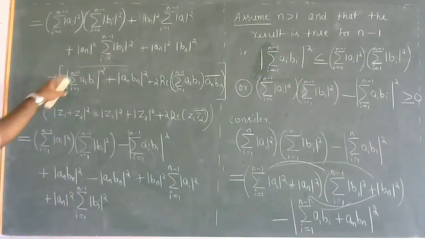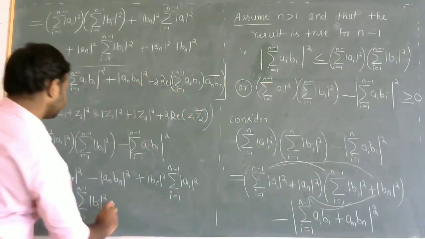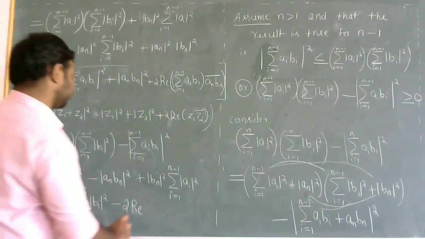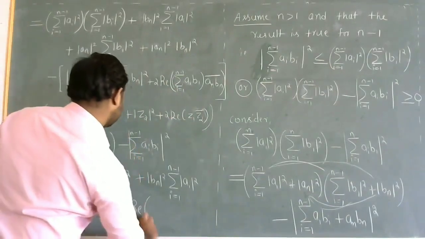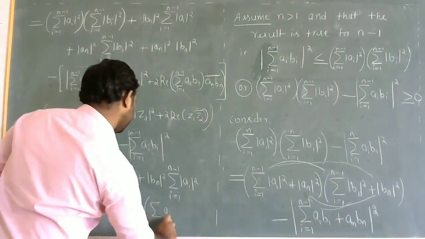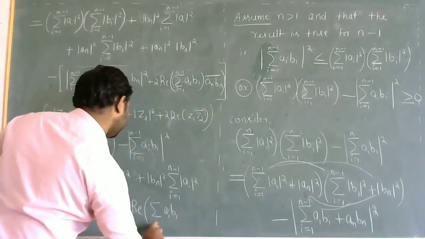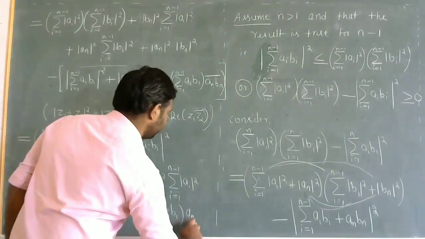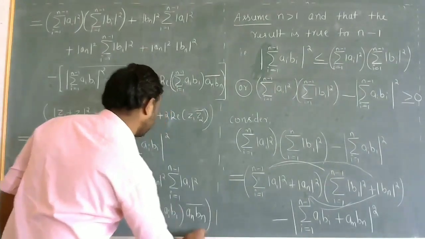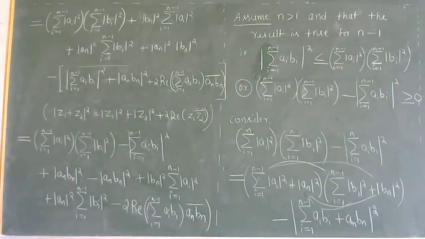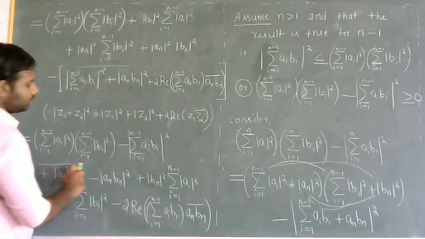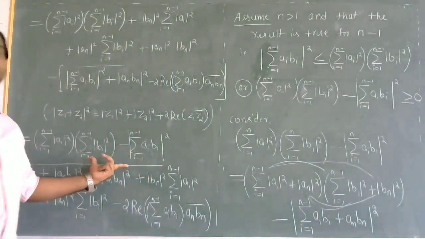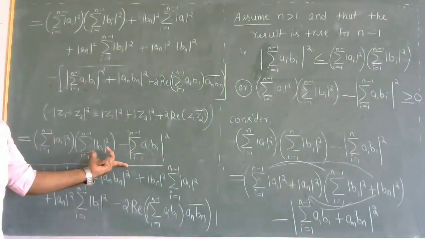Then remaining, minus 2 into real part of summation ai bi, i running from 1 to n minus 1, into an bn whole bar. These are the terms. Now, by our assumption, this difference is greater than or equal to 0.